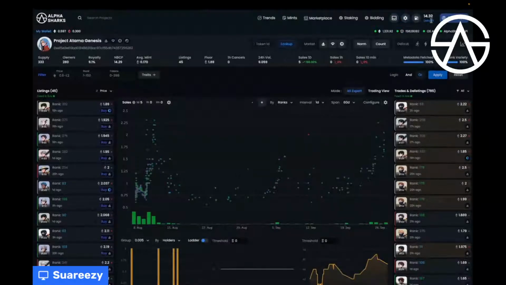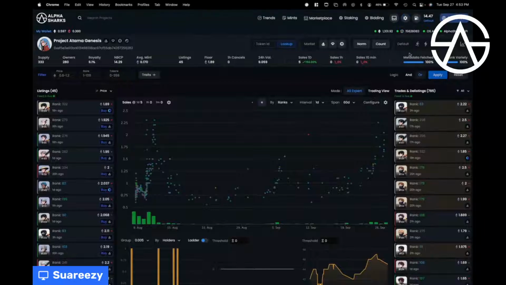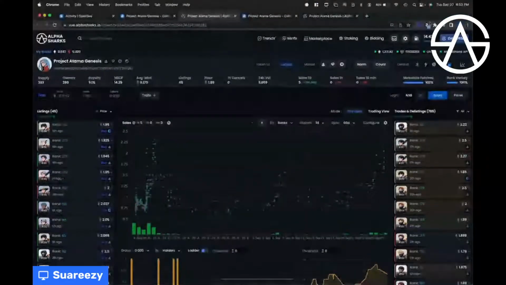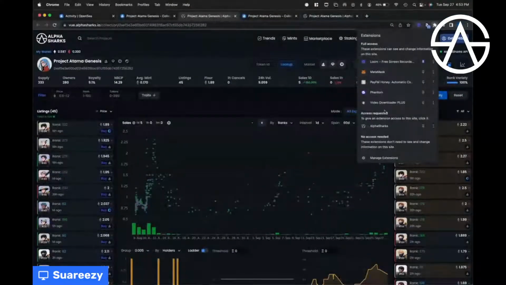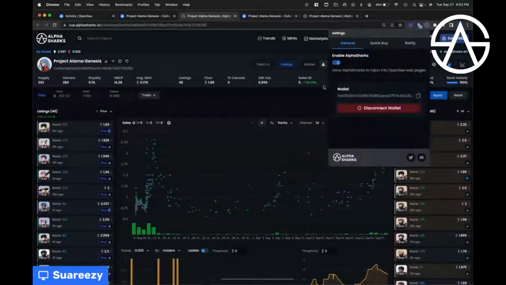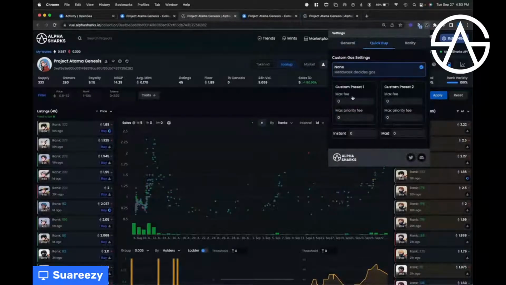One of the main things that we do like to look at, if you did want to do a custom gas mode, let's say you wanted to go into Alpha Sharks, you can come in here into the extension and set a custom gas setting, whatever you'd like. So let's say you wanted a custom gas fee of 100 and a max priority of 5.